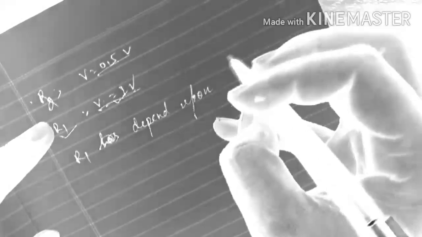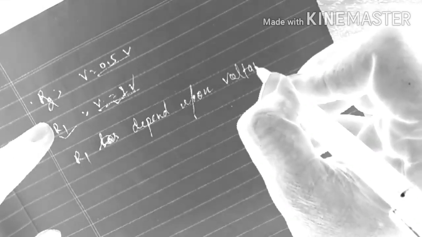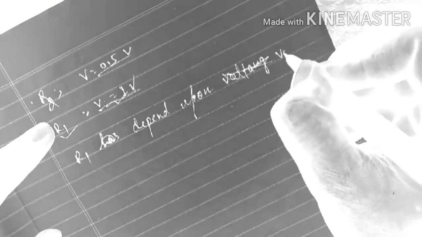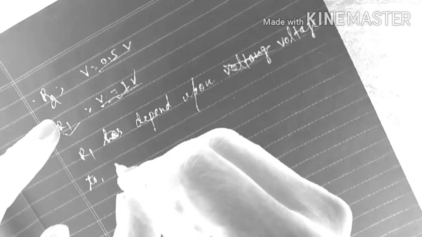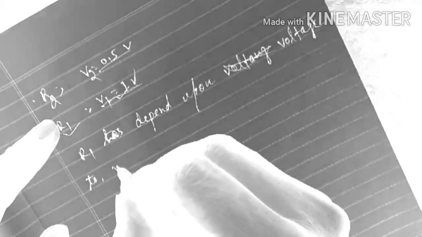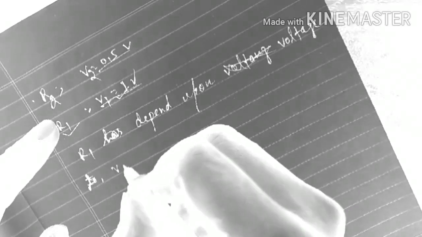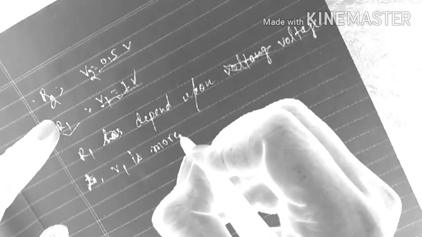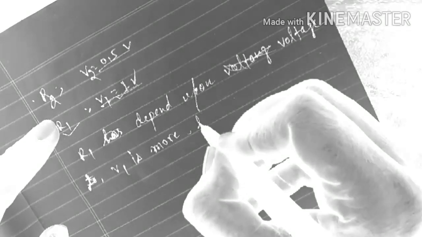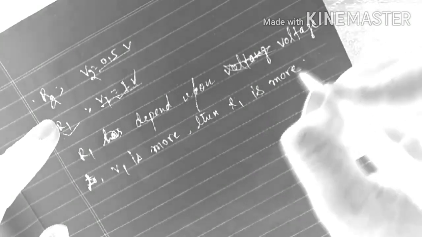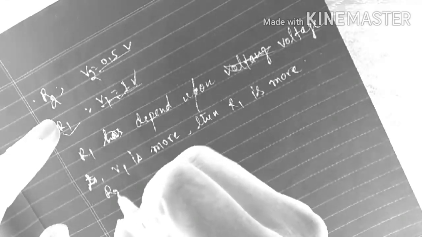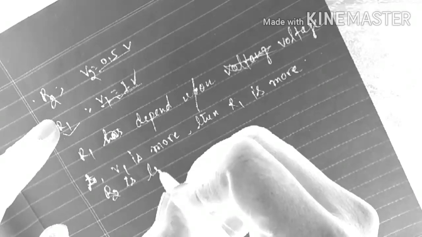depends upon voltage. So V1 is more, then R1 is more, and R2 is less.